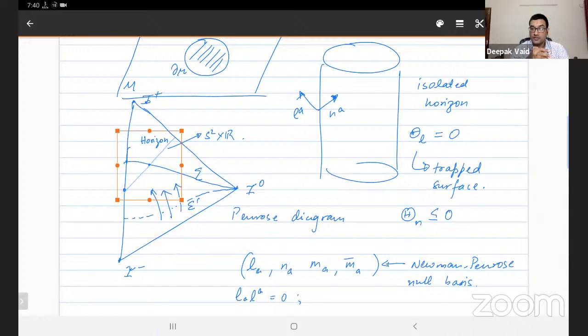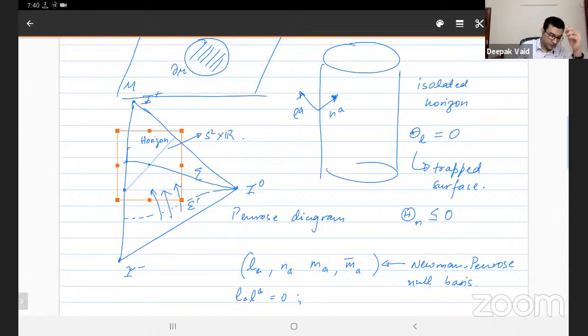The thing about the event horizon is that it is also a teleological object. If there is a black hole collapse occurring somewhere far away from me, an event horizon could be forming in the middle of this room without me knowing it, right? So you need to know the full global history of your space-time to say what the event horizon is.